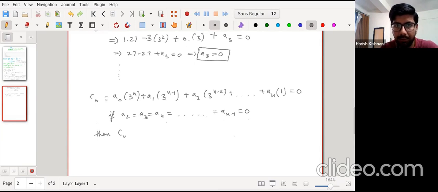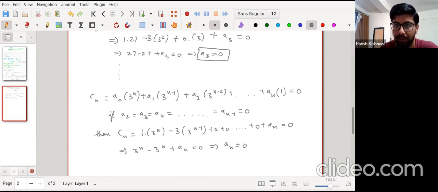You will have Cn to be A naught, that is 1, 1 dot 3 to the n, A1 is minus 3, minus 3 times 3 to the n minus 1, and then from A2 to An minus 1, everything is 0. So you will be left with An only. So it is plus 0 plus 0 dot dot dot plus 0 plus An is 0. This will imply that 3 raised to n minus 3 raised to n plus An is 0. That is, An is 0 for all n greater than or equal to 2.